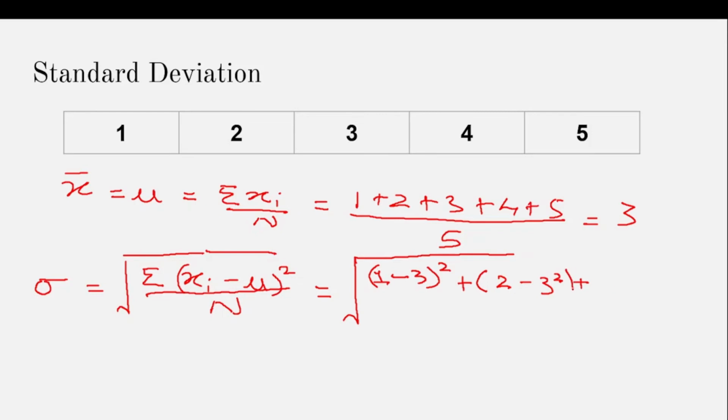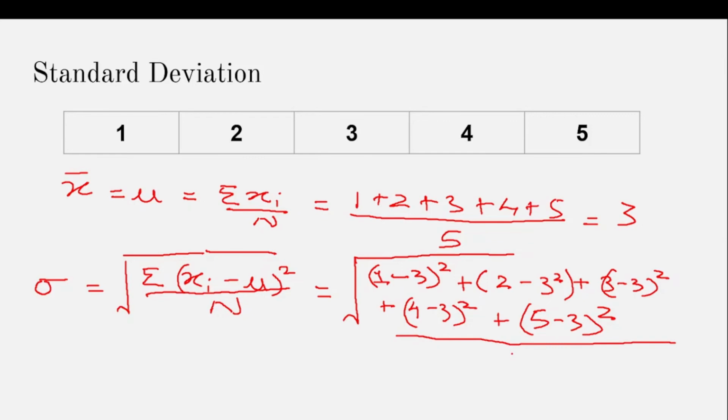For the third, it will be equal to 3 minus 3 squared. For the fourth data point, it will be equal to 4 minus 3 squared, plus 5 minus 3 squared, and I divide it by the number of data points, that is 5.